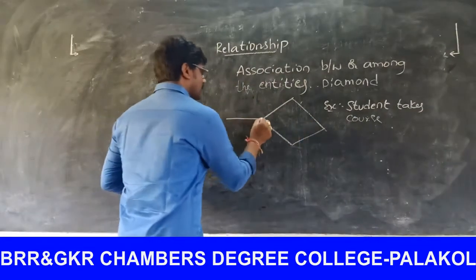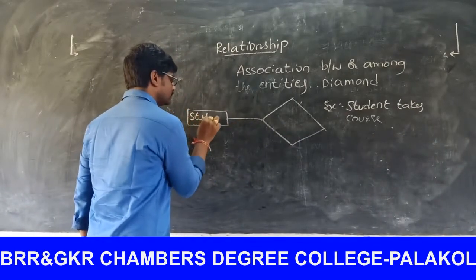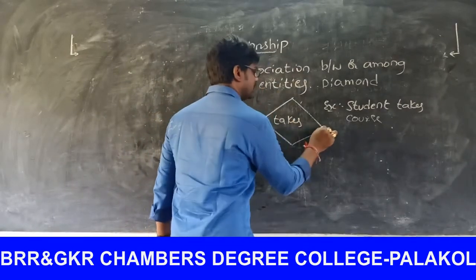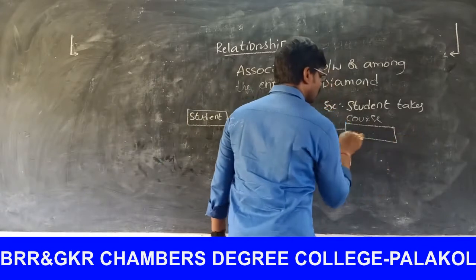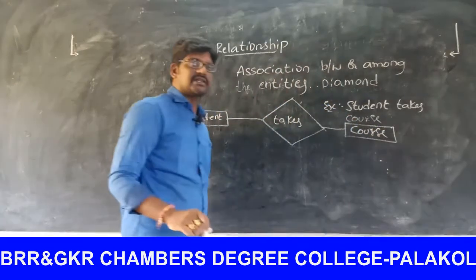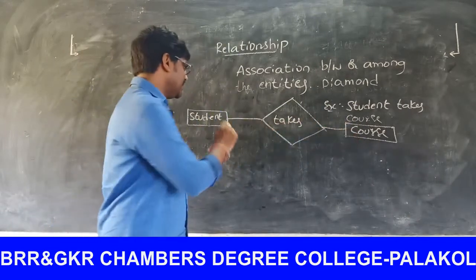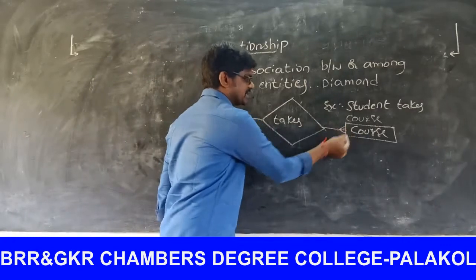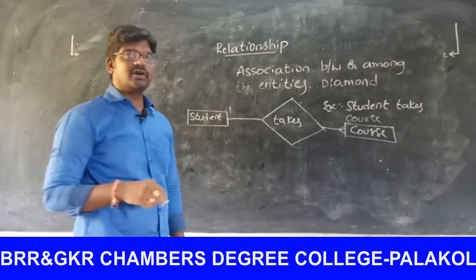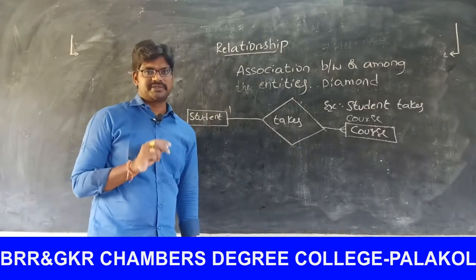Student takes course. A student can take many courses. So relationships are divided into three types.